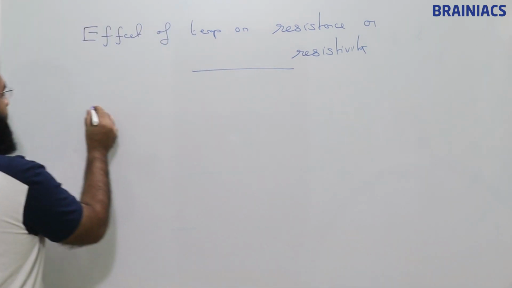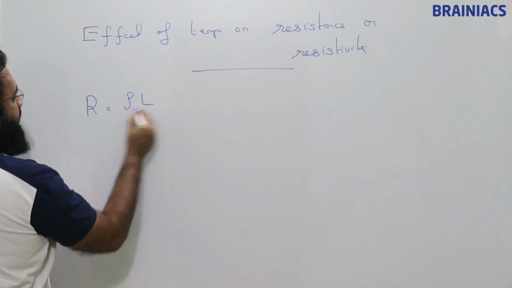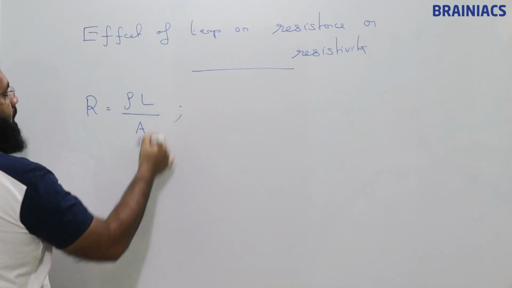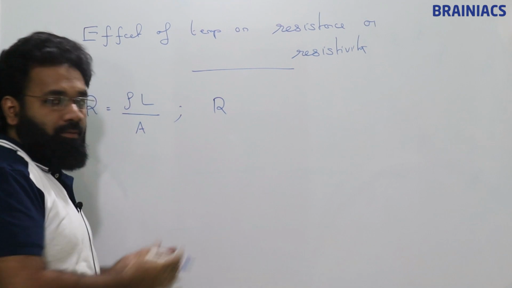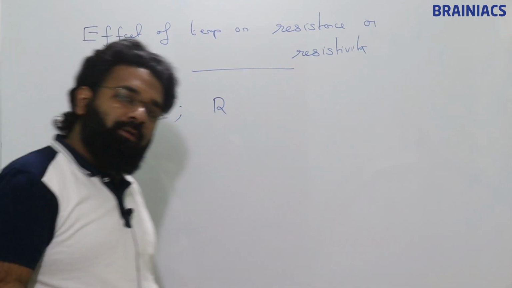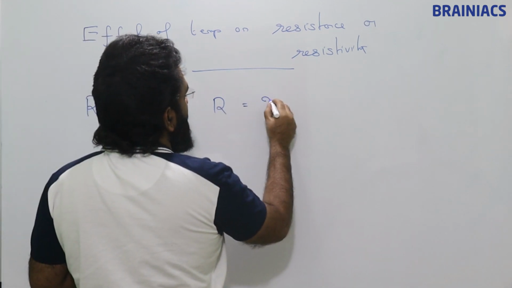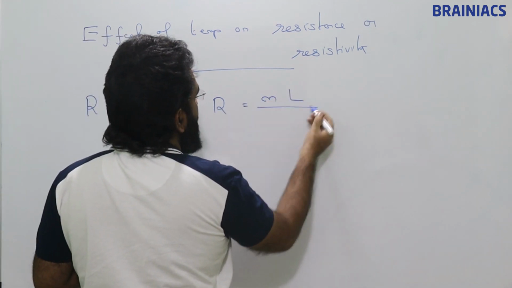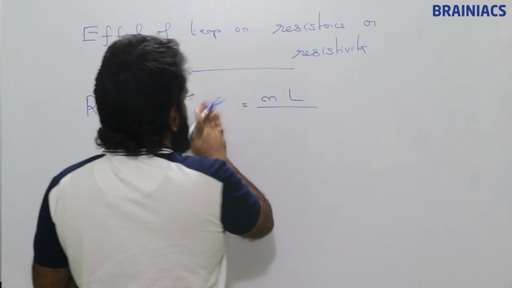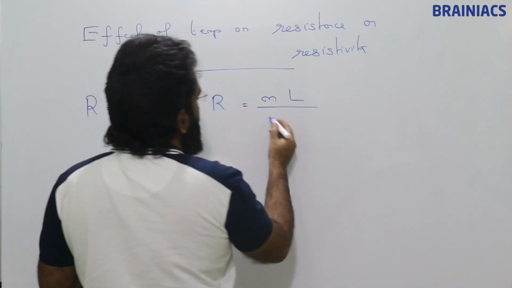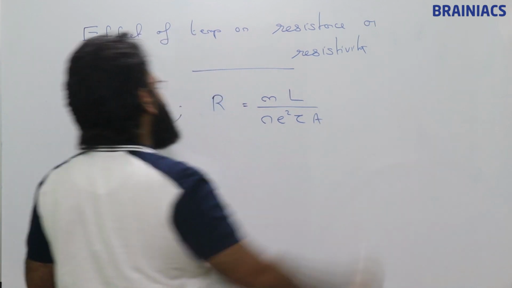So R is equal to rho L by A, and expanding this rho from the basic derivation we have done in the last classes, we can write R is equal to ML by N E square tau into A.